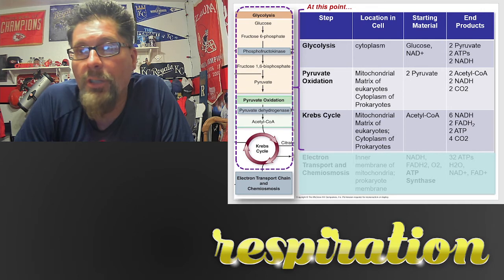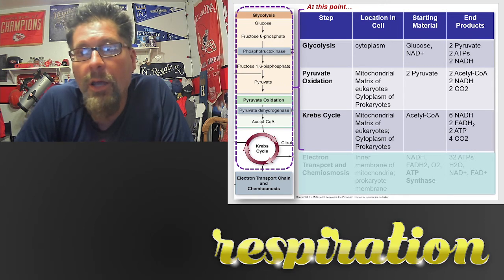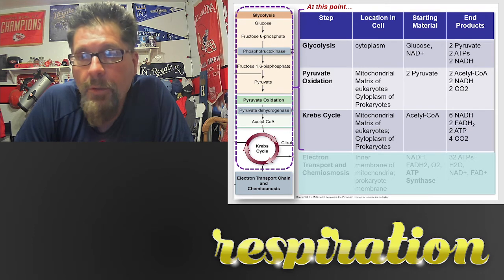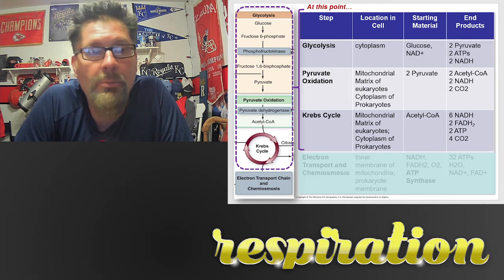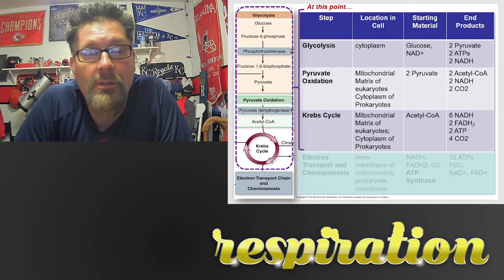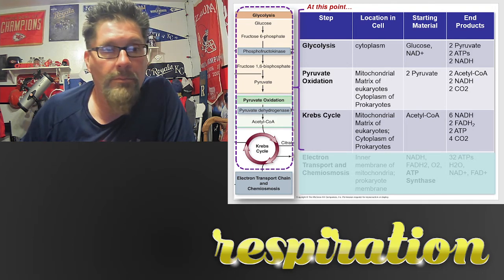You can see all the 2s on there for glycolysis and the 2s for pyruvate oxidation. And then we get that 6 and a 4 for the Krebs cycle. So these are going to be super important to make sure you know. The idea is to just memorize it, and then when it comes to questions, you've got it under control.